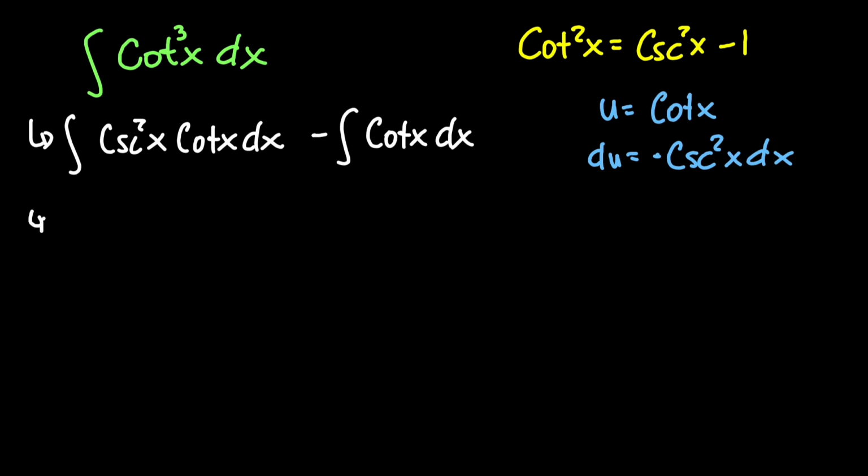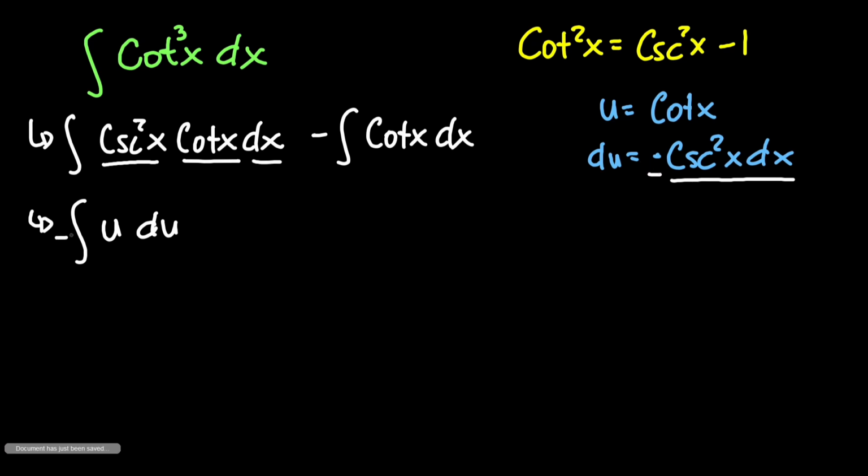And so what we will have here would be, wait, let's just rewrite this. So cotangent of x here is u, and this here is cosecant squared of x dx. So this would be du, but keep in mind there is a negative here. So just put the negative outside.